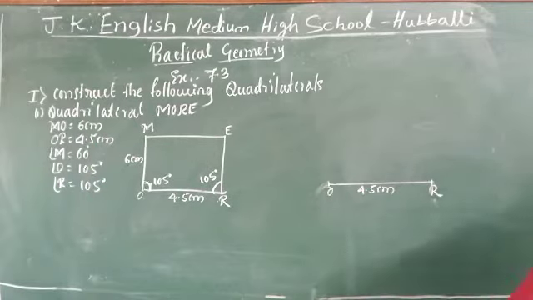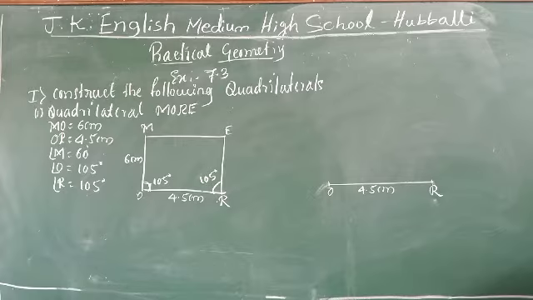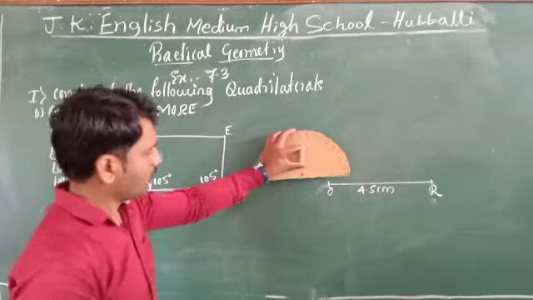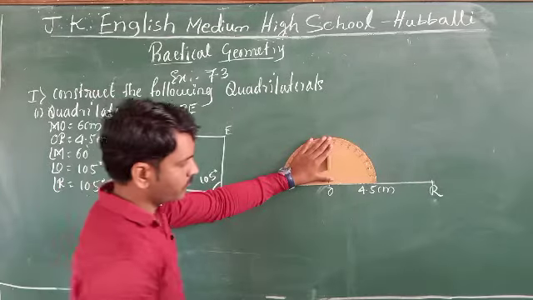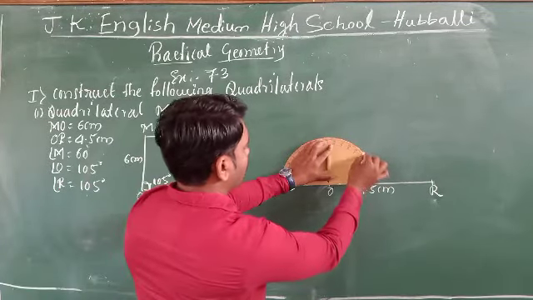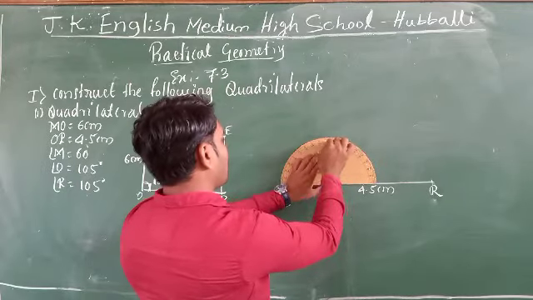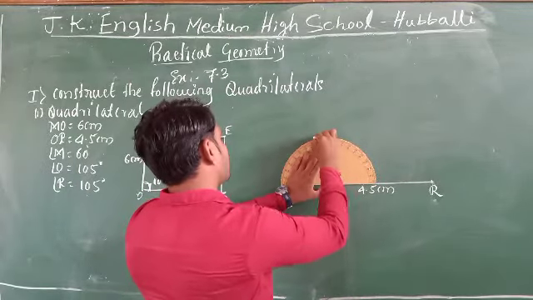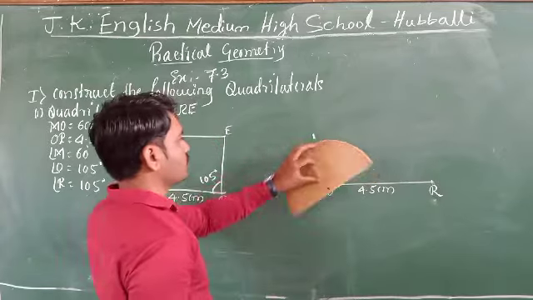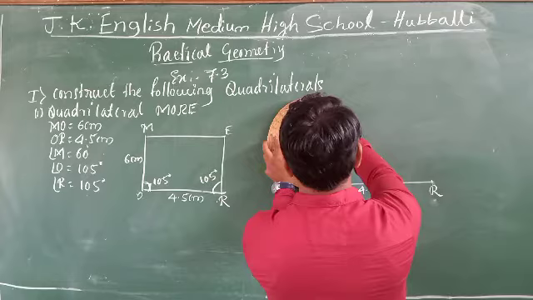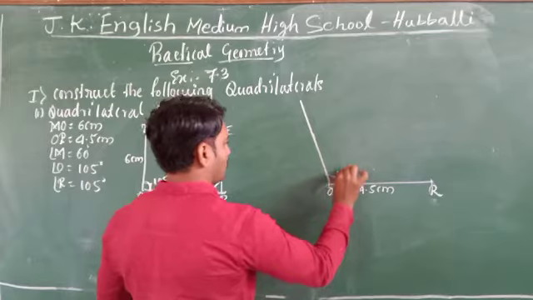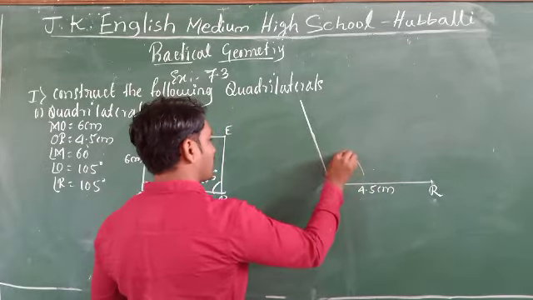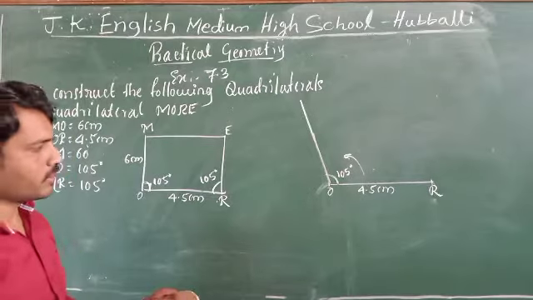Later on, take a protractor. Keep down O. So start on angles 0, 10, 20, 30, 40, 50, 60, 70, 80, 90, 100. This is 105. So draw a straight line. This is 105 degree. So start pointing the angle in this direction. Clear, children?